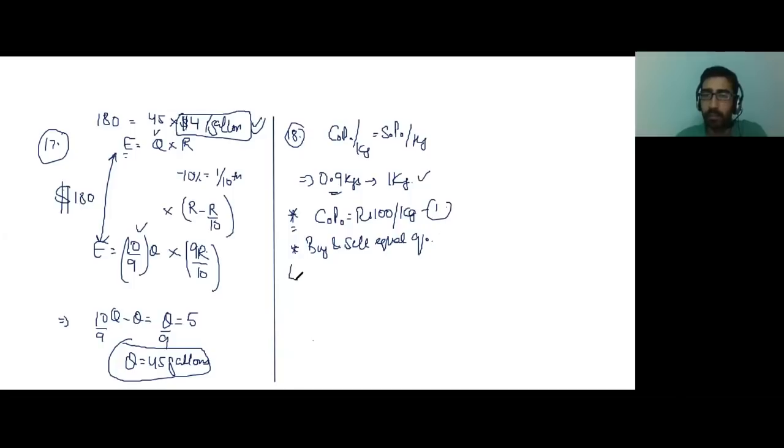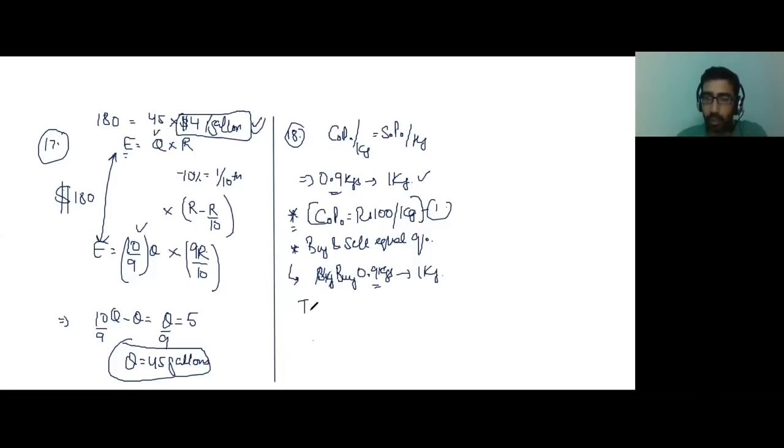And in this question, the simplest thing to do would be to buy 0.9 kgs. Just buy 0.9 kgs. Because when you buy 0.9 kgs, you will actually sell 1 kg at 100 rupees a kg.